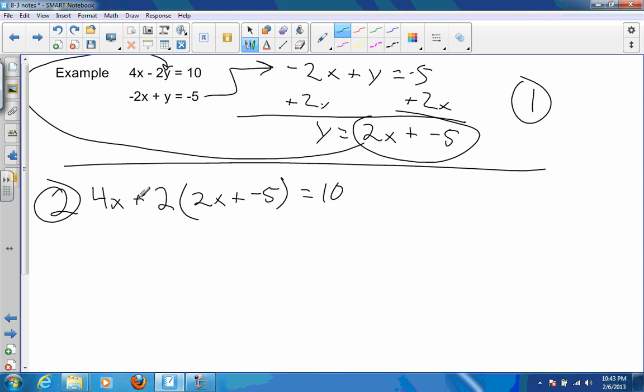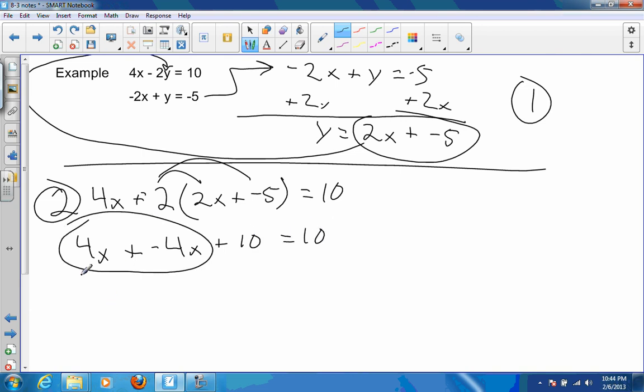And I'm going to change this to add the opposite to avoid some mistakes, and now I'm going to distribute. I've got 4x plus 2 times negative 2x is negative 4x, plus negative 2 times negative 5 is 10, equals 10.